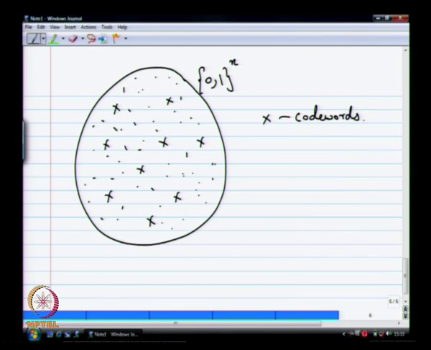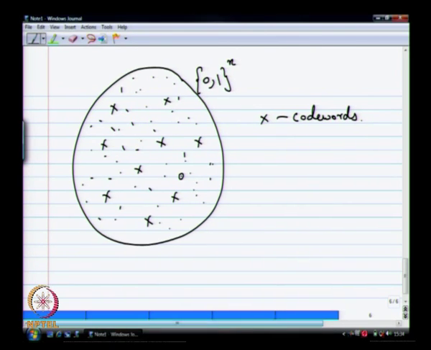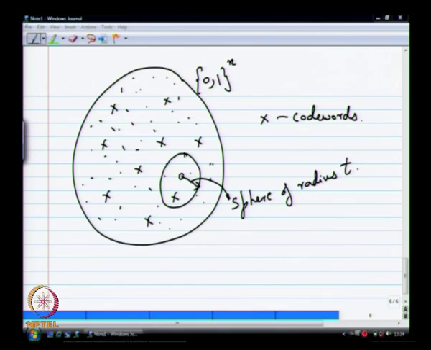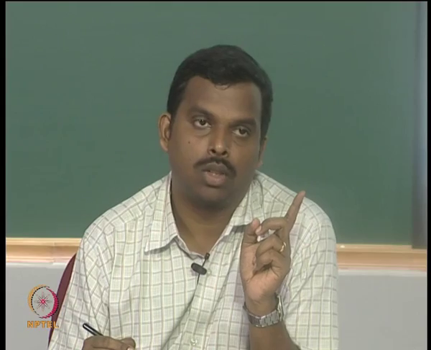If you receive, let us say, a particular point here, what do you do when you do bounded distance decoding? Starting at r with that received point as center, you draw a sphere of radius t. And if you find exactly one code word in that sphere, you declare that as your decoded code word.